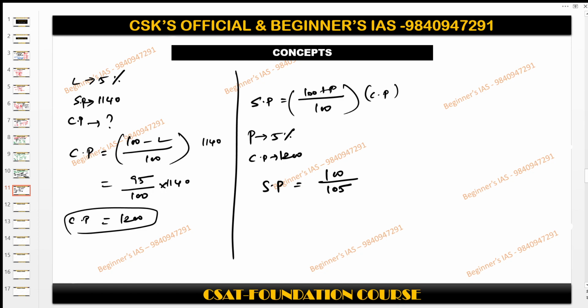Then this one we have to change, na? First one also we have to change, 100 by 100 minus L. Am I right? Yes, sir. Suppose if you are using this method, please be aware of the formula.